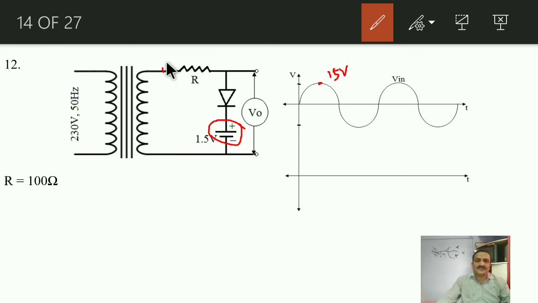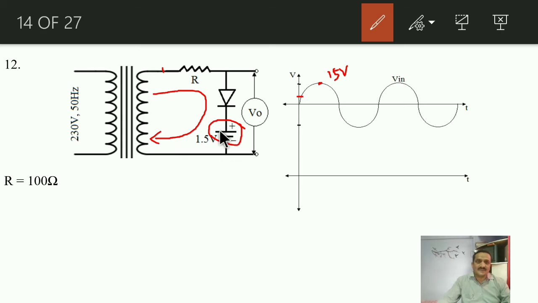If it is of 15 volt, then during positive half, diode will go on to conduct, is it? So during positive half it will conduct, but how much amplitude of that positive half is needed to get that diode in conduction? Right now, if this DC source is not there, then surely we can say whenever that input goes to 0.7, that means over here diode will start to conduct, is it?